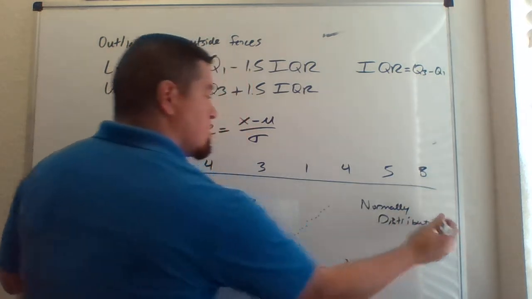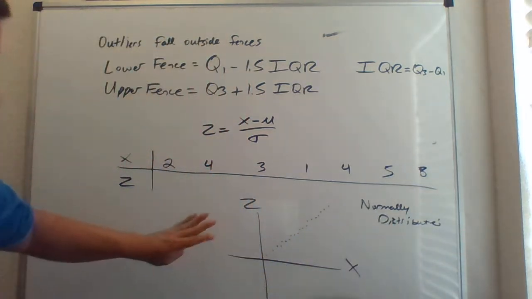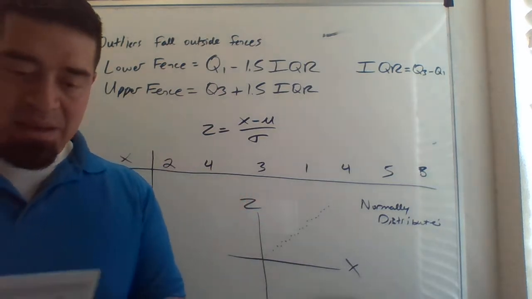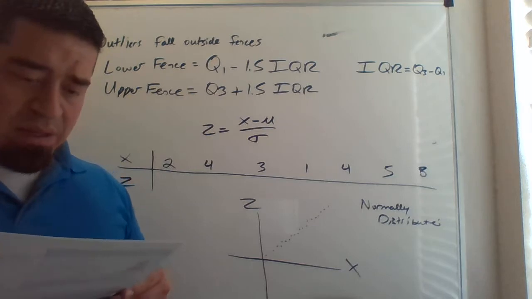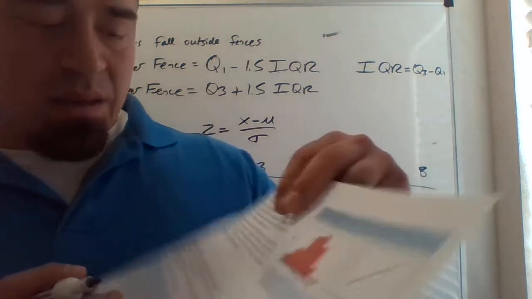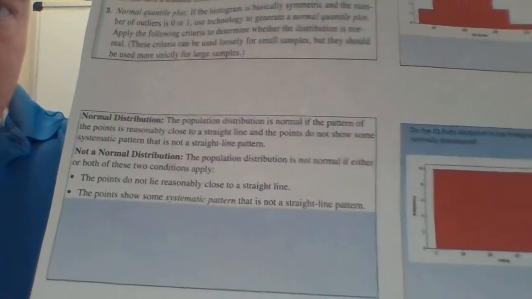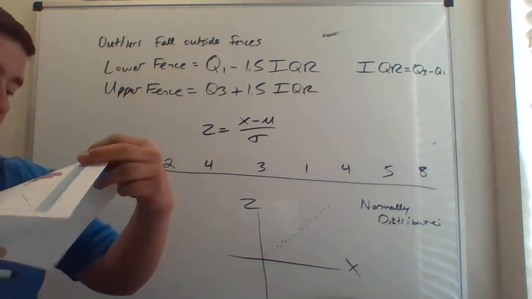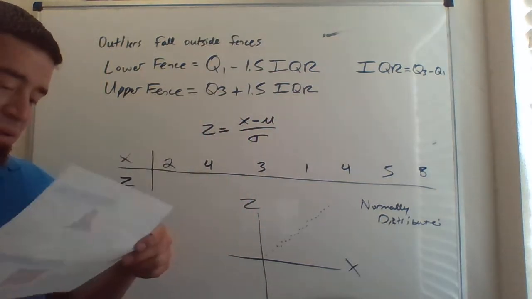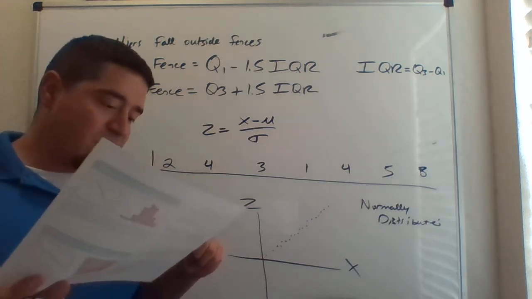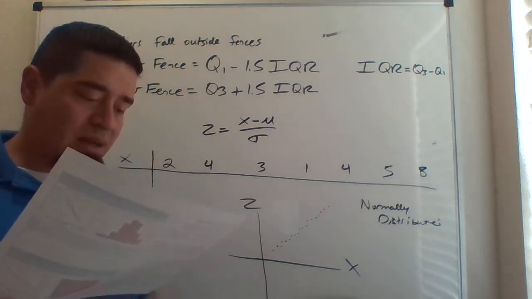Okay, so again, I won't really ask you to construct these, but if we look on the next couple of slides here, I'm going to kind of just read this one. It says the population distribution is normal if the pattern of the points is reasonably close to a straight line, as I stated, and the points do not show some systematic pattern that is not a straight line pattern.